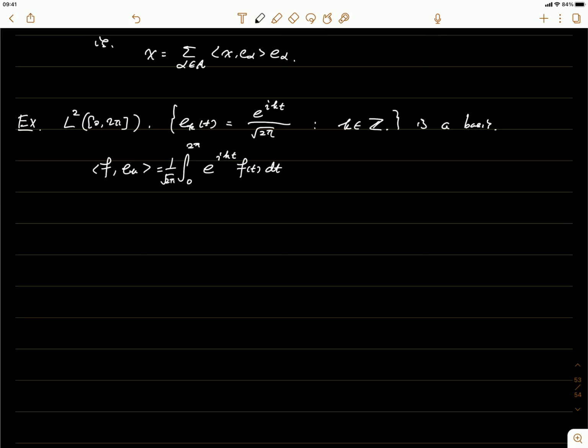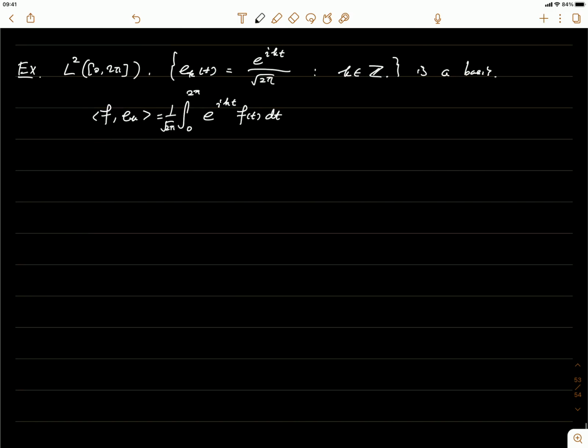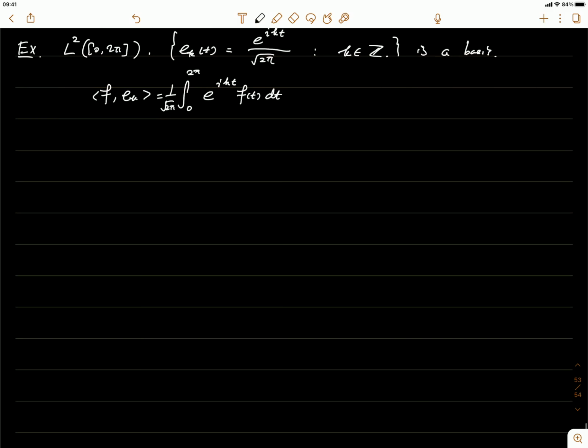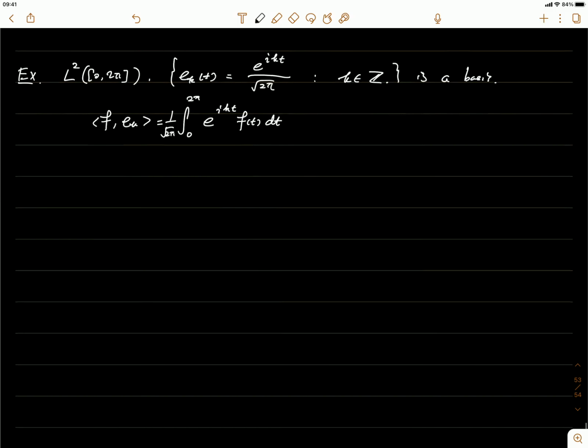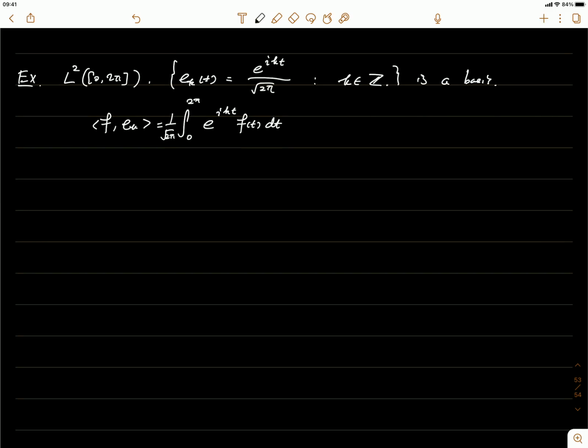Okay, so this would be the Fourier coefficient. I think it's negative here. This holds for any f in L squared, or L2.